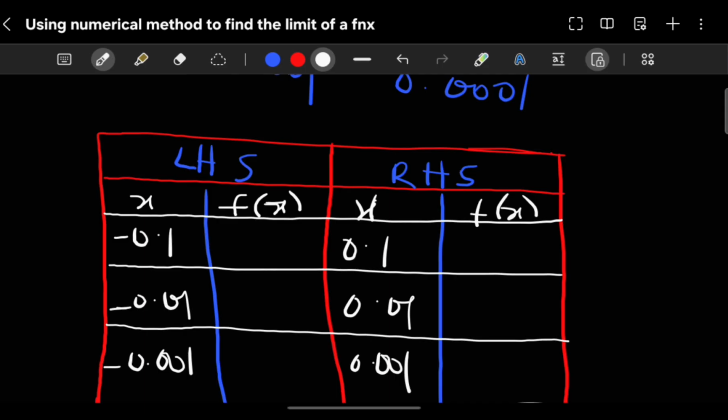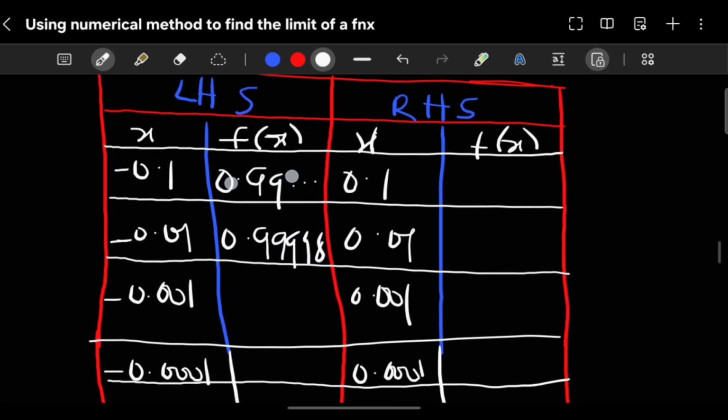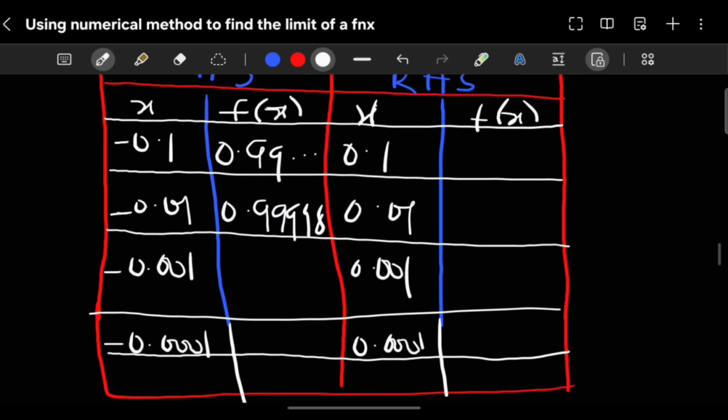So when we do our first input, we're going to get 0.99, then others follow. When we do our second input, we're going to get 0.99998, right? And others follow. Our third input is going to give us 0.999983. Then the rest follows.